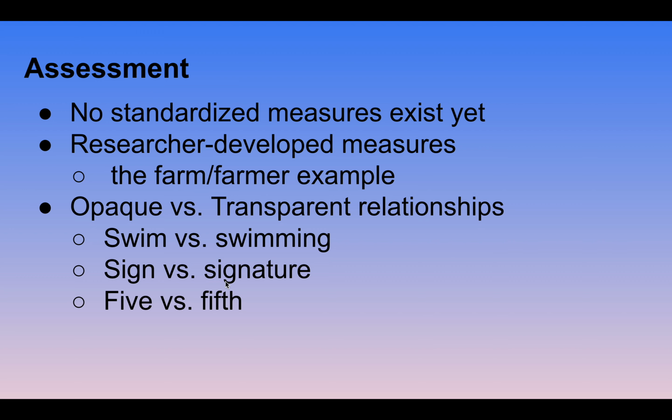So students might not key into the fact that sign has anything to do with signature without you explicitly drawing their attention to that relationship. And the same with the relationship between 5 versus 5th. That's another relationship that can be considered opaque. You want to make sure to assess where student knowledge and challenges are by looking at their understanding of derivational and inflectional morphemes and opaque and transparent relationships.